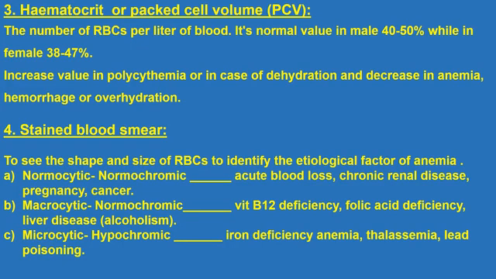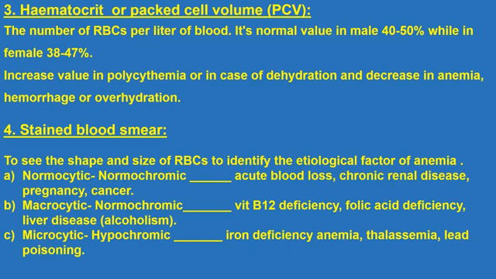So we have 3 types: normocytic, normochromic. In this case, the RBC appears with normal size and shape and normal level of hemoglobin content. So it appears like normal RBC.